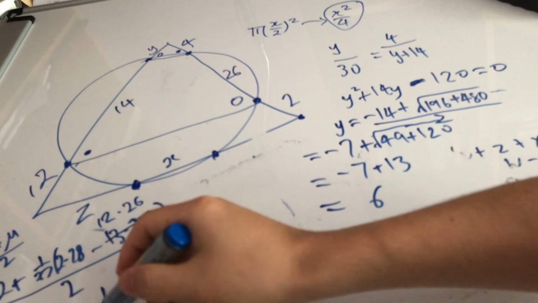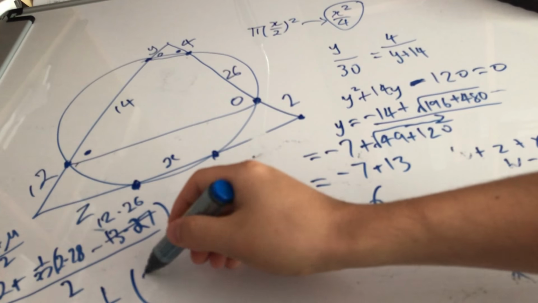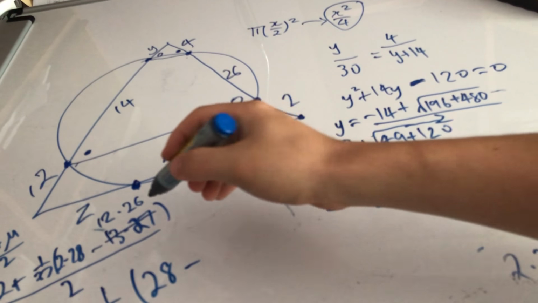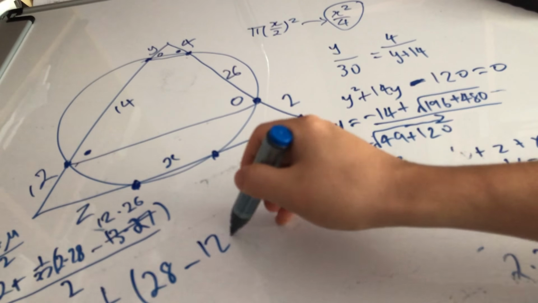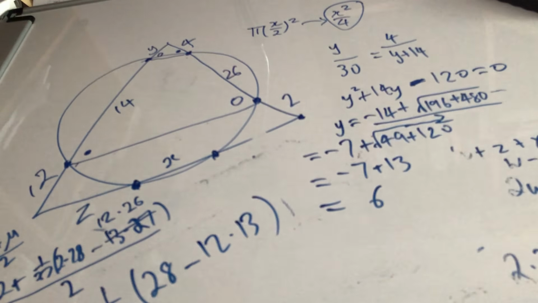So we have 1 over 32 outside of 28 minus 12 times 13. Hopefully this will end up being divisible by 32.